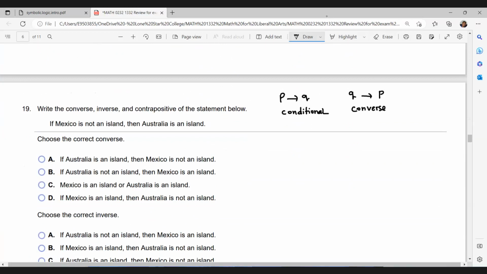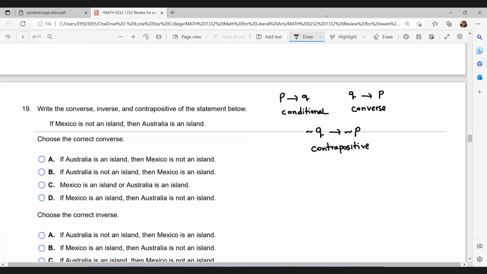And in a contrapositive, what we do is we actually switch the order and also throw in some negations.